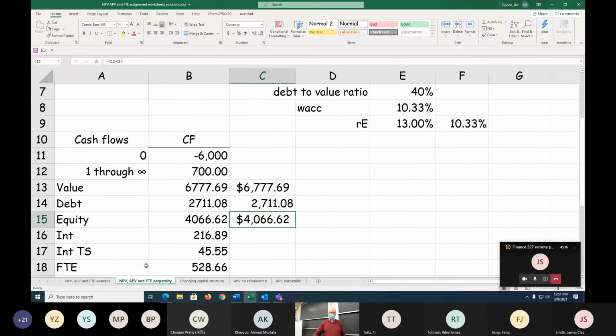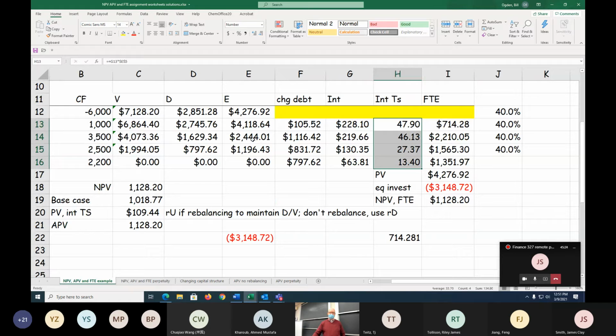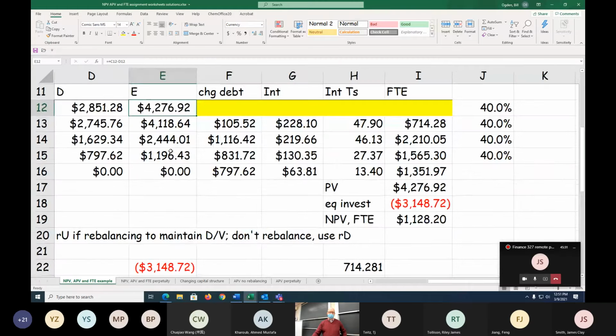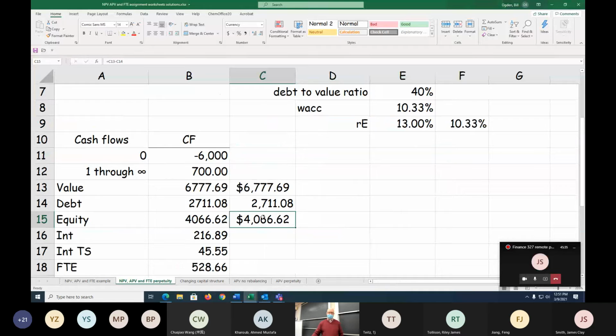This number, if we had finite cash flows, a set number of them, would be equivalent to this number. That's what you see here. It's the market value of the equity.